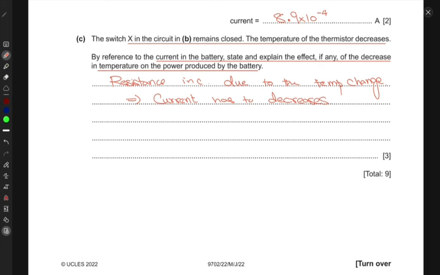Because the increasing resistance is causing constriction to the flow of electrons, so the current decreases. And we know P is equal to V times I, which implies that if the current is decreasing, power also decreases.